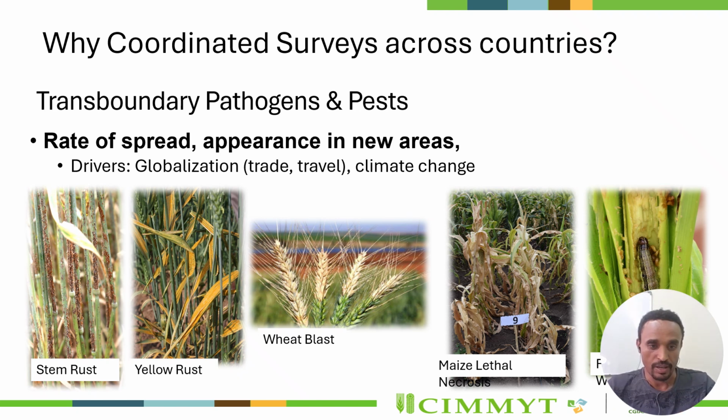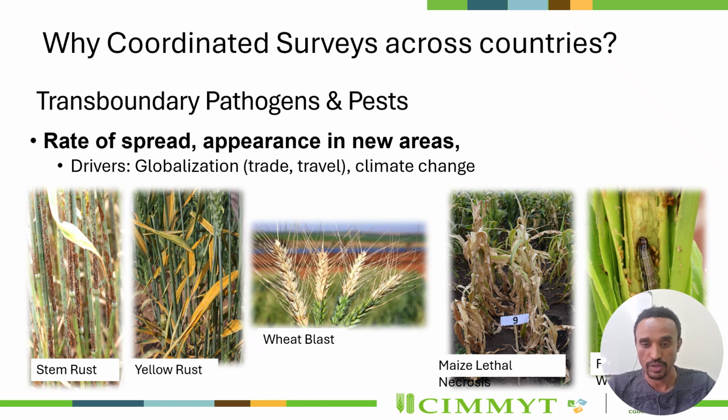As you can see here, we have stem rust and yellow rust. These are both being transferred from one place to another by wind. And we also have wheat blast, one example of a transboundary disease, which does not go from one place to another by wind, but can disseminate by seed and other materials.